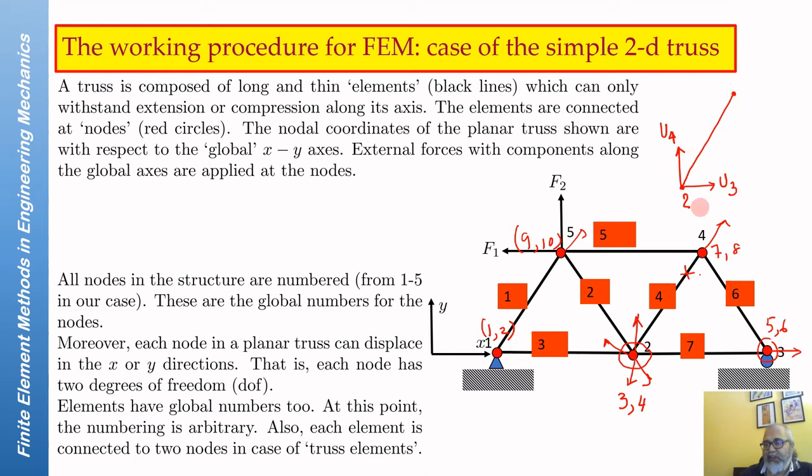Similarly, this is node number 4. It has associated with it the degrees of freedom 7 and 8, and therefore this would be U7 and this would be U8.